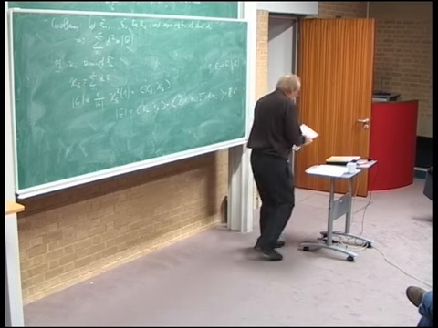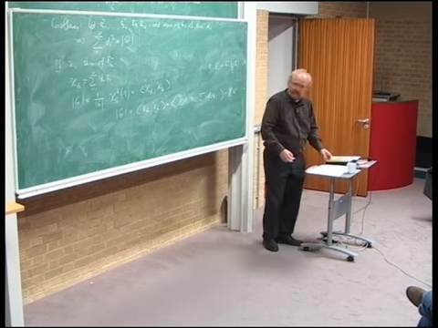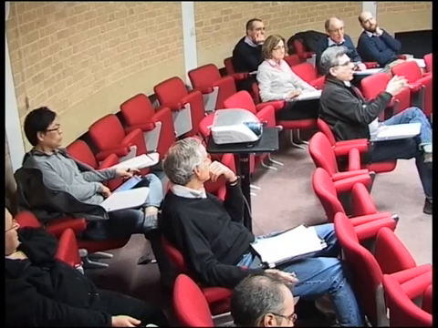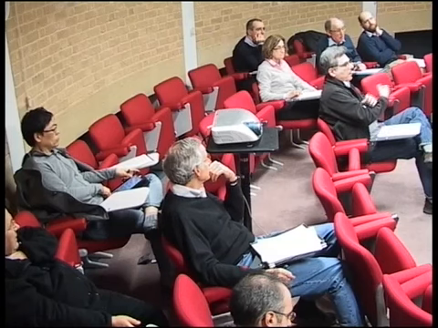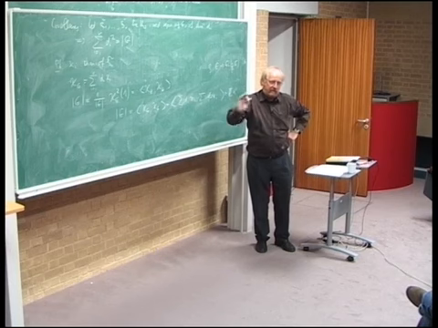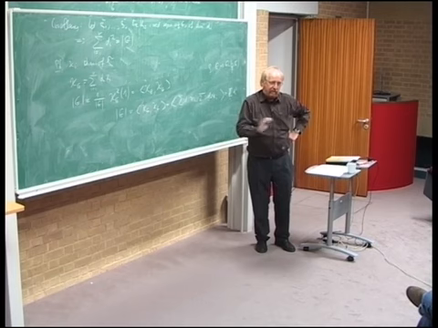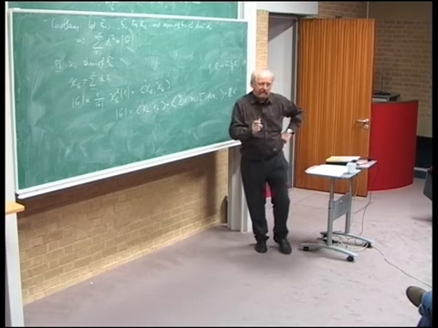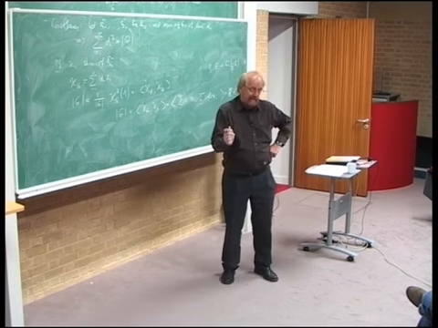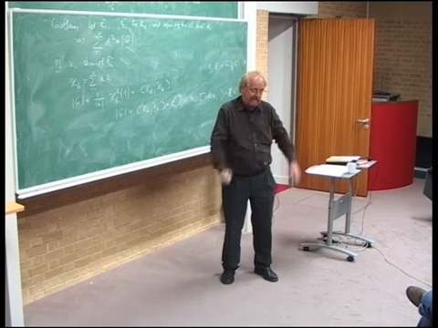And to make this useful, you'd like the d_i to be as large as possible, but there is only one set. Given the group, there is one set of such dimensions. There's no choice. If I take the icosahedral group, I find these numbers, and that's it. There are no others. This is a complete list.